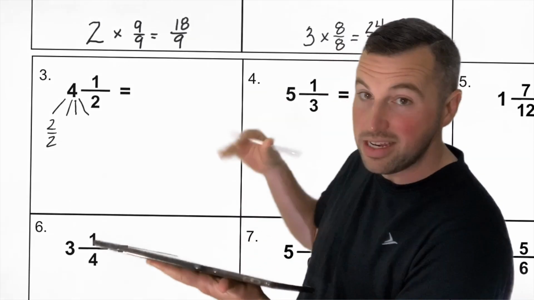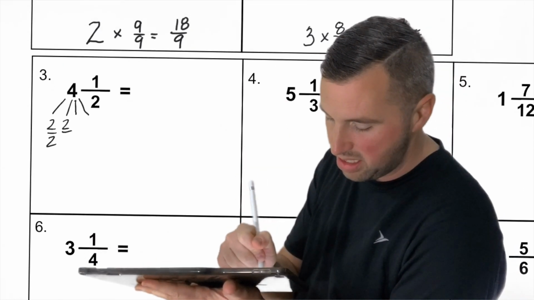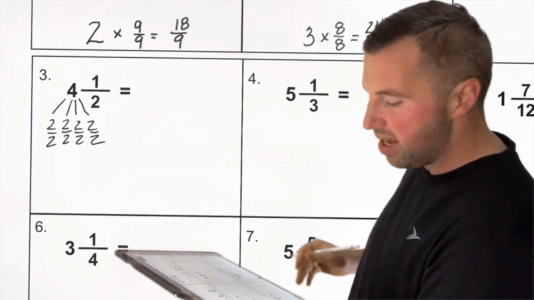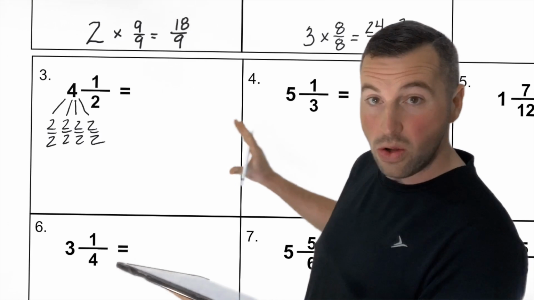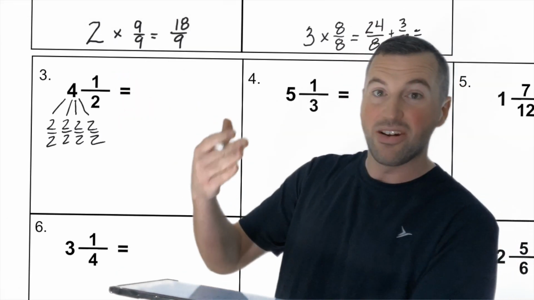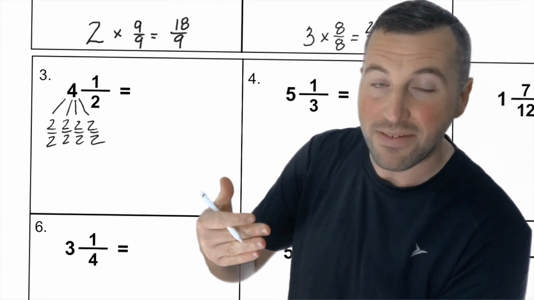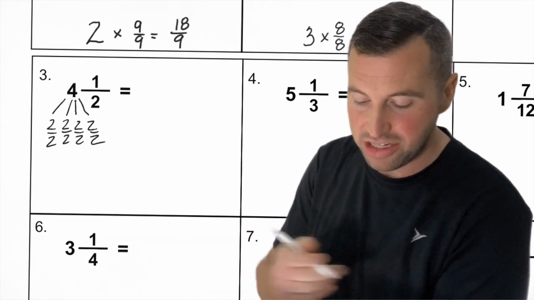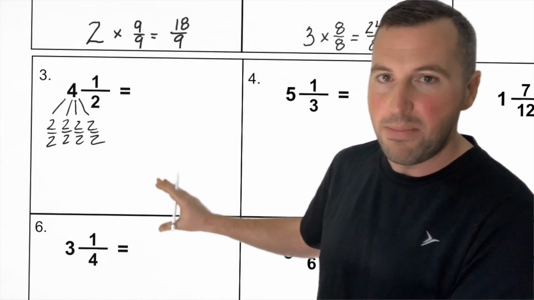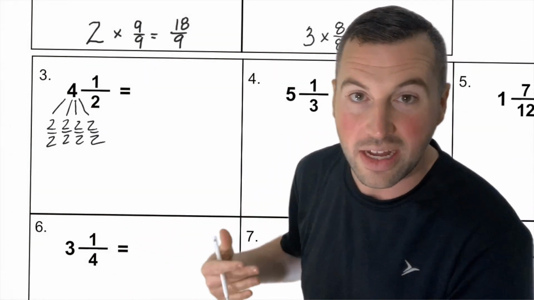You're going to have to zoom in to do this on yours, so it's nice and neat, please. 2/2 and 2/2. Okay, so I pulled out all my wholes, and now I can go ahead and calculate the total halves for this improper fraction. And again, if you can just do it like that, that's fine. You don't need to do that multiplication by a whole number work on the bottom.